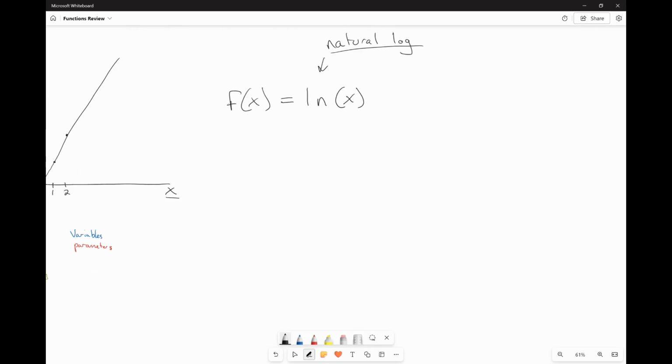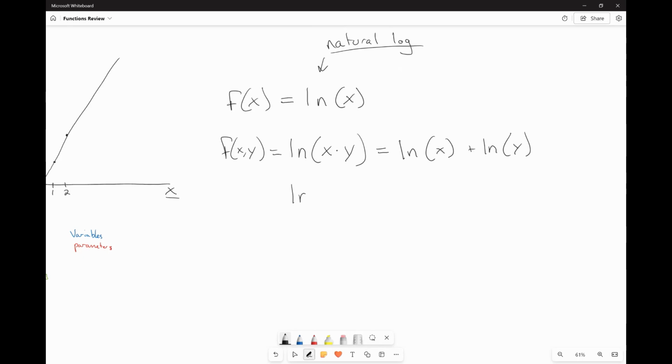So let me show. We could have, let's say, the natural log of x times y. Imagine we had that. This would be a function that has two variables, x and y, and it equals the natural log of x times y. Interestingly enough, the natural log of x times y is actually equal to the natural log of x plus the natural log of y.